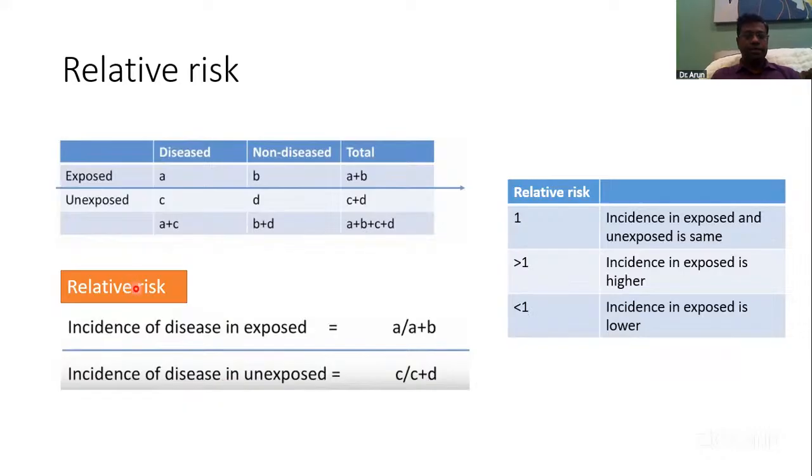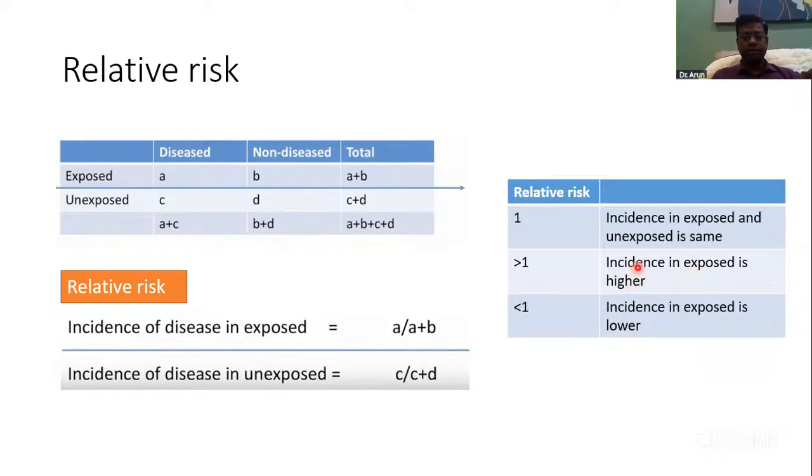Your relative risk can be 1, greater than 1, or less than 1. If relative risk is 1, that means the incidence in exposed and unexposed is the same. That means exposure is not associated with the disease. If relative risk is greater than 1, that means the incidence in exposed is higher than in unexposed.